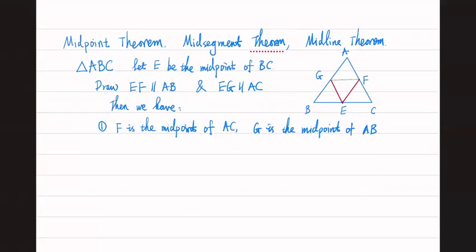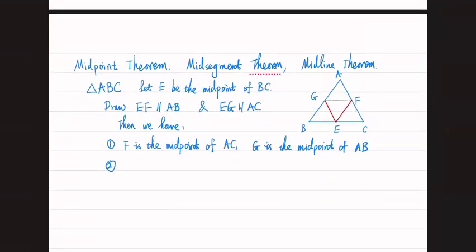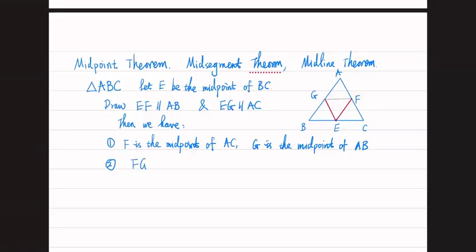Second, we connect the two points, we get a third line, and we want to prove that this line is parallel to BC. And lastly, the three sides.